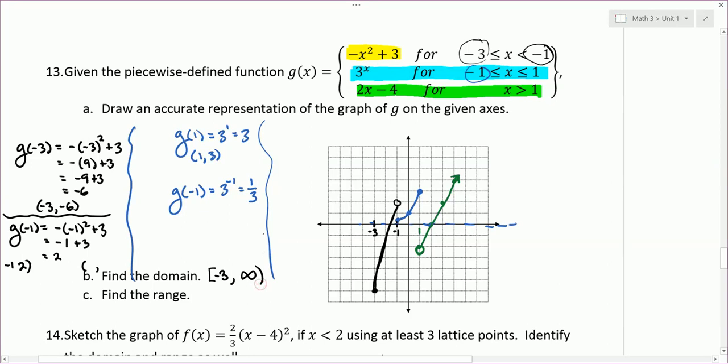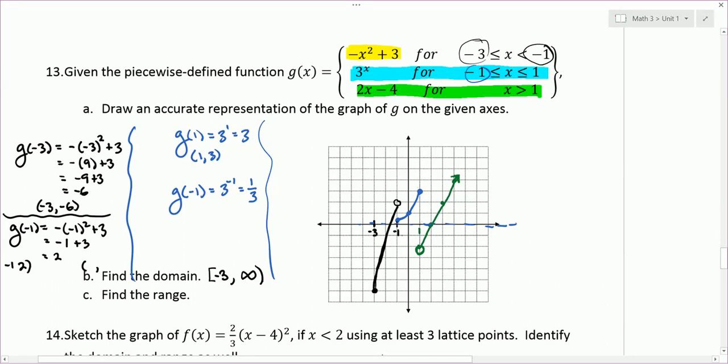Before we feel good about this interval, let's make sure there's no gaps in between. Because if there are, we're going to have to split up this interval. There's a break in the graph at negative 1, but negative 1 is represented because there's a solid blue dot there. There's also a discontinuity at 1, but again, there's a solid blue point represented, and so there's no gaps in our domain.